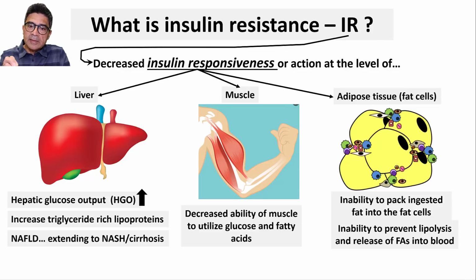Insulin resistance is decreased insulin responsiveness or action at the level of the liver, the muscles, and the adipose tissue cells. When the liver is insulin resistant, there's an increased amount of sugar output, or hepatic glucose output. There is an increased amount of triglycerides.